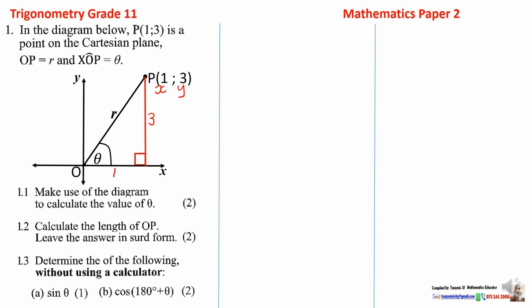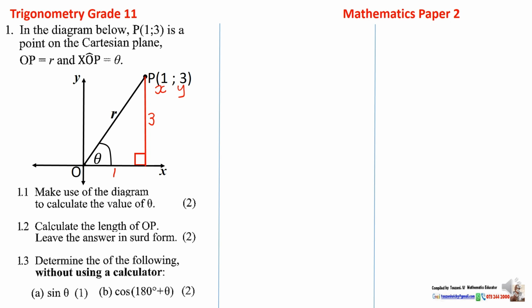Now, in a right-angled triangle, we apply the theorem of Pythagoras to calculate the third side, and we apply trigonometric ratios to calculate the angles. We can apply trigonometric ratios or the theorem of Pythagoras depending on the information provided.